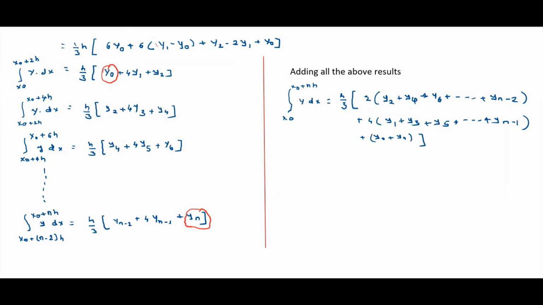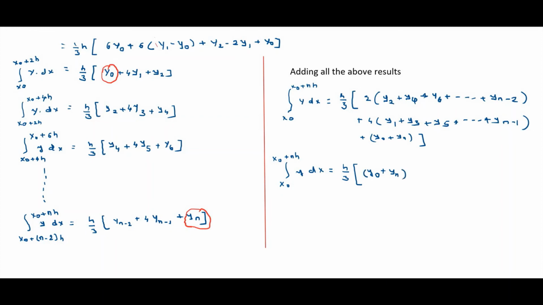So this is called Simpson's 1/3 rule, and I will rewrite it: the integration from x0 to x0 plus nh of y into dx is equal to h divided by 3 into the bracket. First I will write the non-repeated terms, the first and last terms, that is y0 and yn.